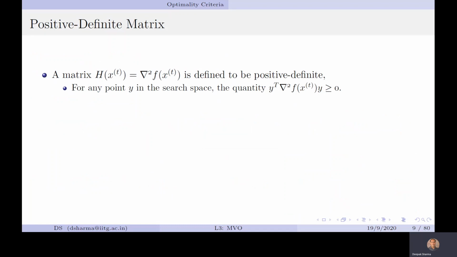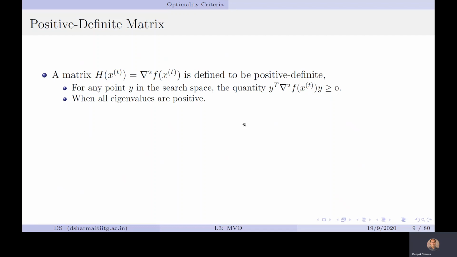Now, the point is that our sufficient condition depends on the positive definiteness of the matrix. So how would we know that the matrix is positive definite or not? In this case, the first condition says that if I take any point y in the search space and y transpose Hessian y is greater than 0, then we can say that the matrix is positive definite. Now you remember that this particular term came when we were proving the optimality condition, especially the sufficient condition.